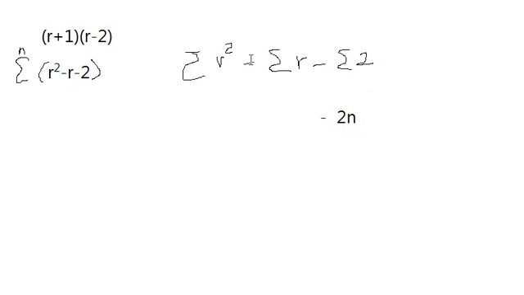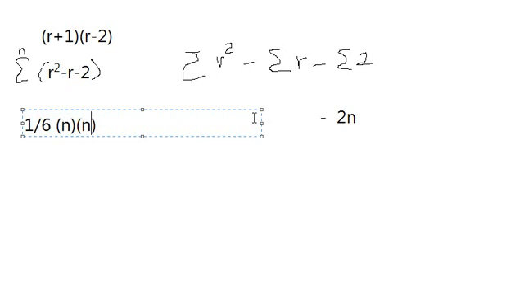Now evaluate these two. The sum of r squared is a sixth of n times n plus 1 times 2n plus 1.